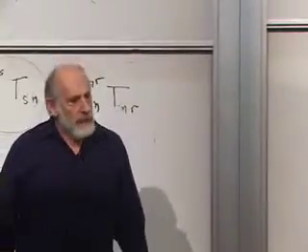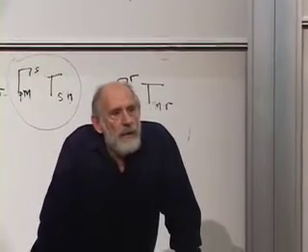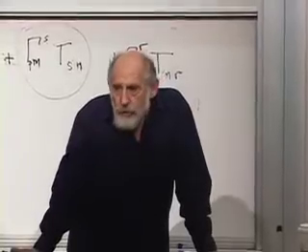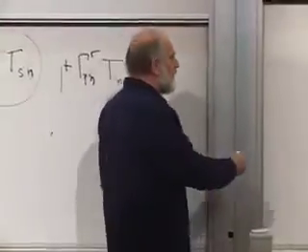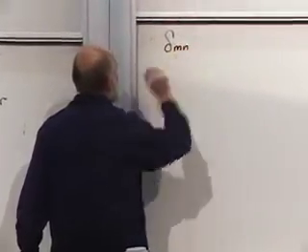Okay. What about the covariant derivative of the metric tensor itself? Let's go to Cartesian coordinates first. In Cartesian coordinates, what is the metric tensor? It's just delta mn.